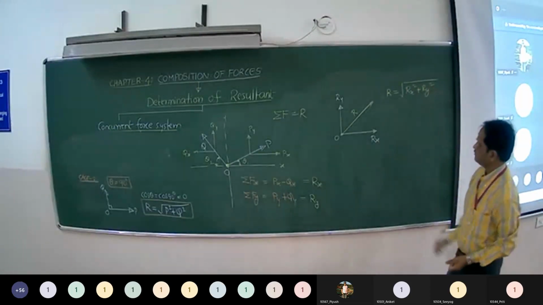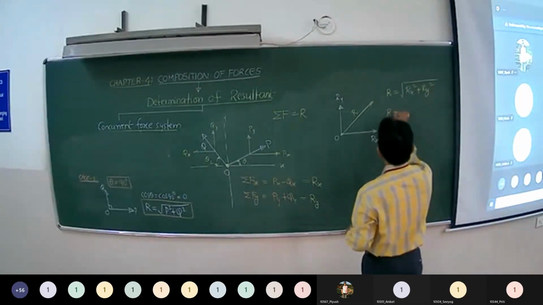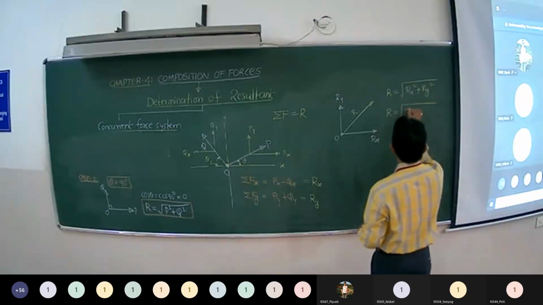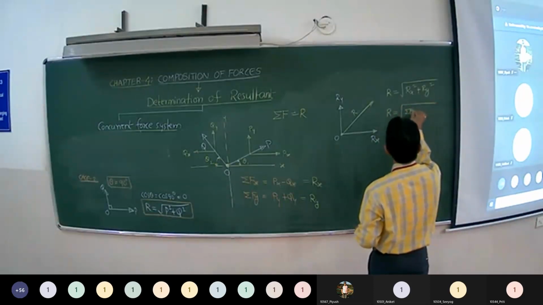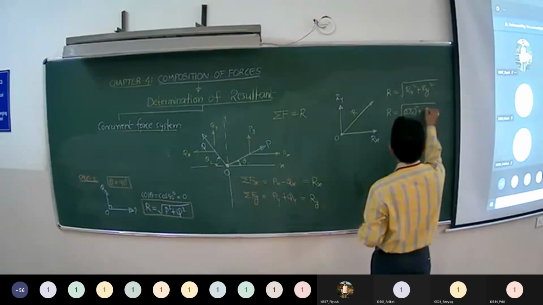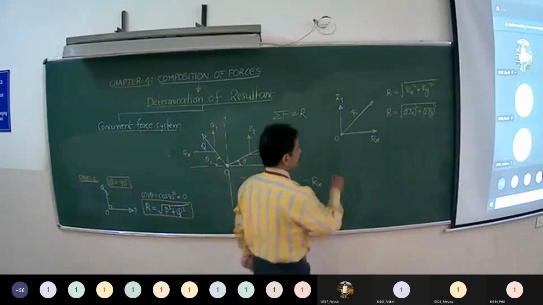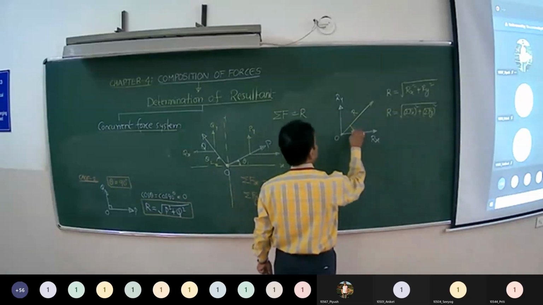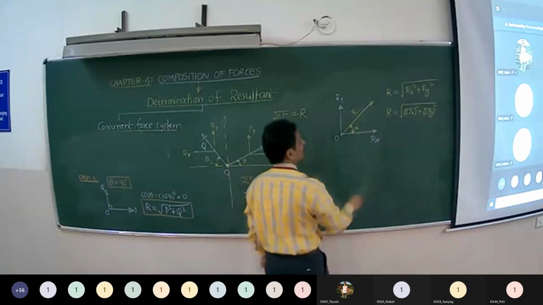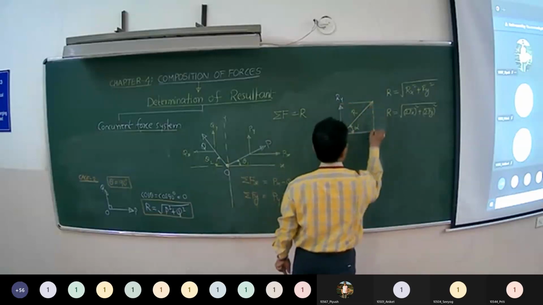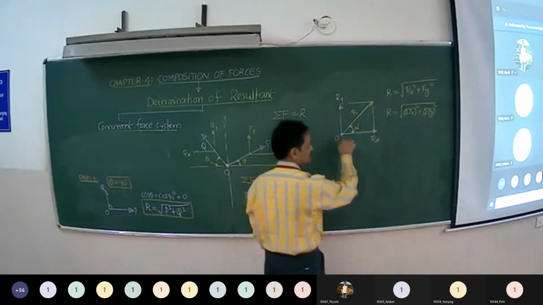Is that clear? That means R is equal to square root of summation Fx square plus summation Fy square.